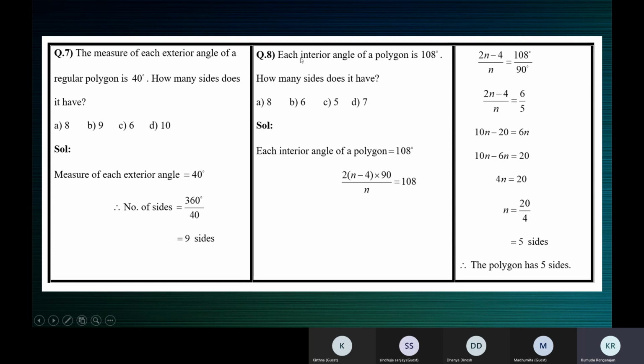The other method is when you know each interior angle, you can find each exterior angle. How do we find each exterior angle? Each exterior angle is 180 minus each interior angle.